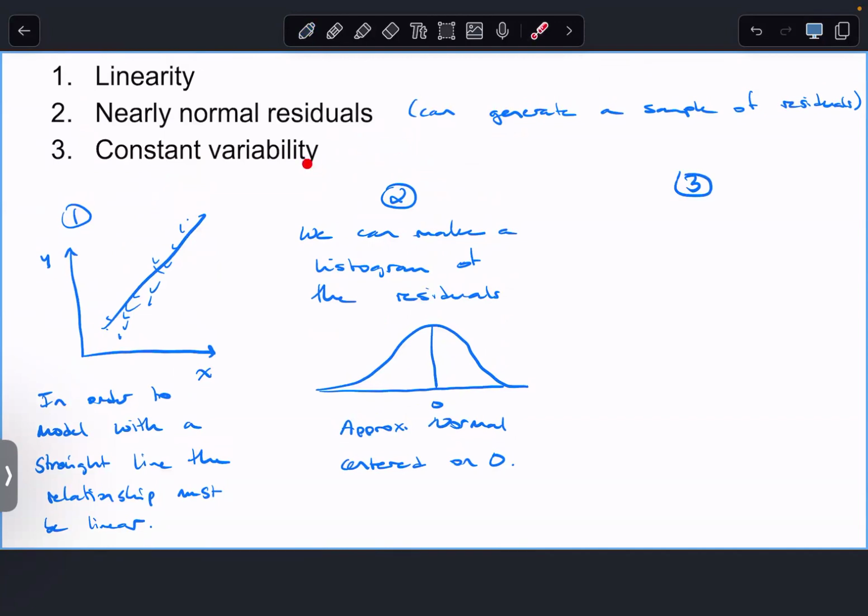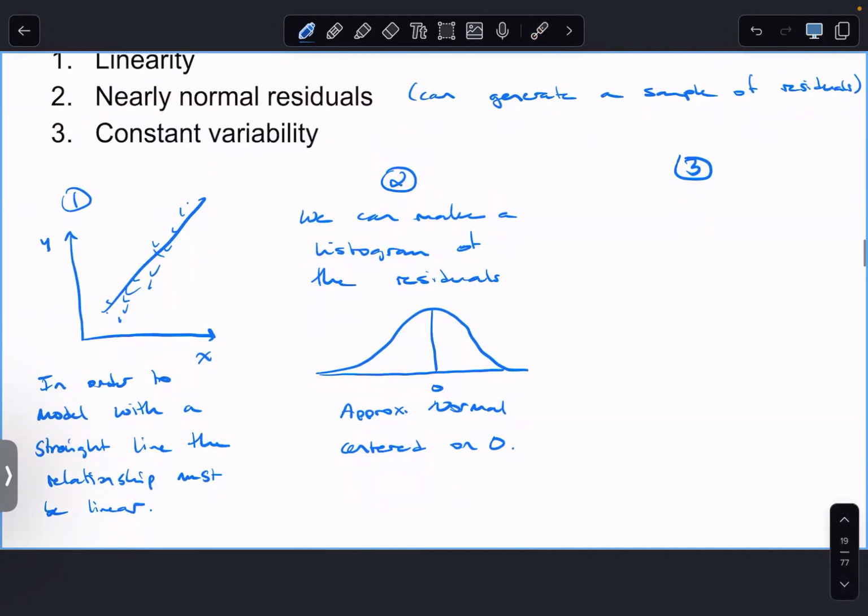The constant variability is also called homoscedasticity. Can I spell that? Homosceda, or I feel like it's a K maybe. I'll make it look kind of like both. Skedasticity. I feel like it's okay. It's in a slide further down.